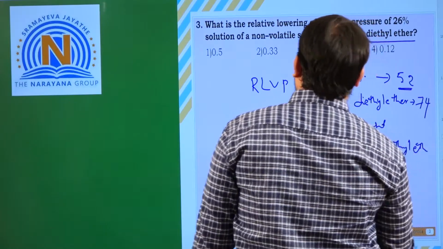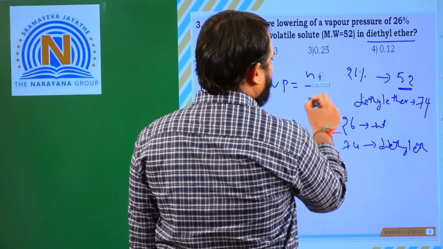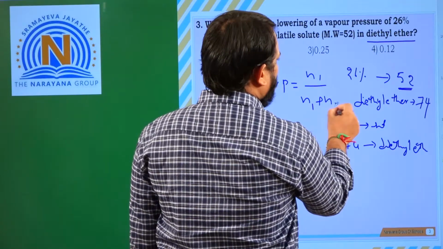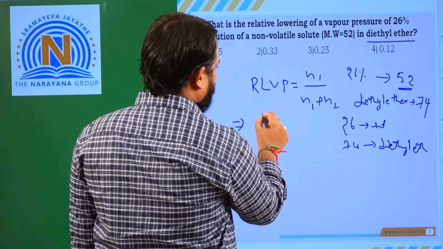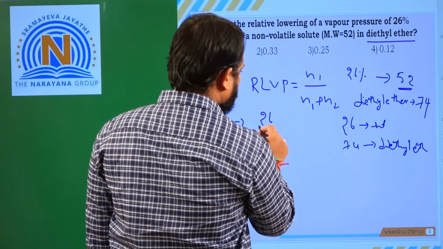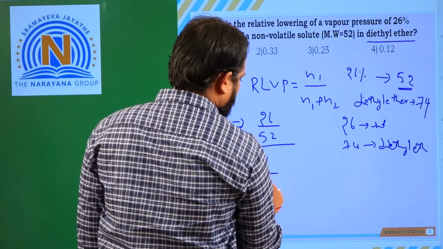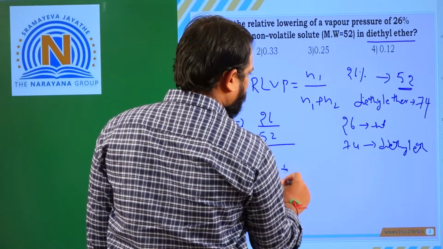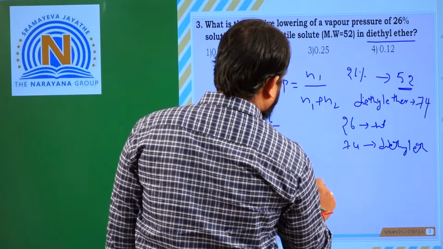So what is the formula? RLL is equal to the mole fraction, N1 by N1 plus N2. Taking N1 as 26 by 52, we get 26 by 52 over 26 by 52 plus 74 by 74.